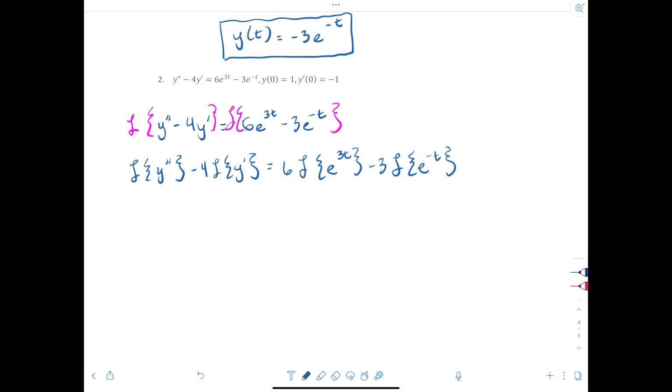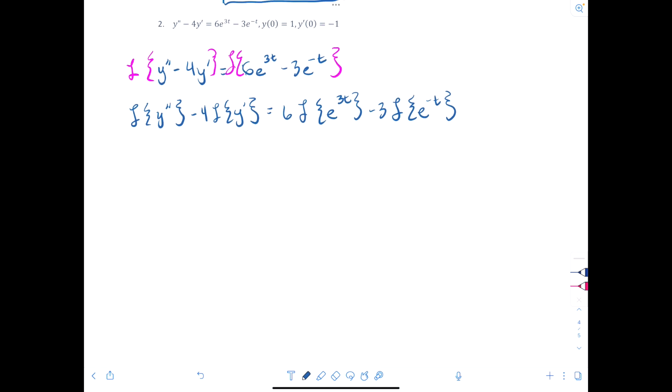So, plugging in for L at y double prime, we're going to have n is 2 in this case because it's the second derivative. So we're going to have s squared times L at y minus s times y at 0.